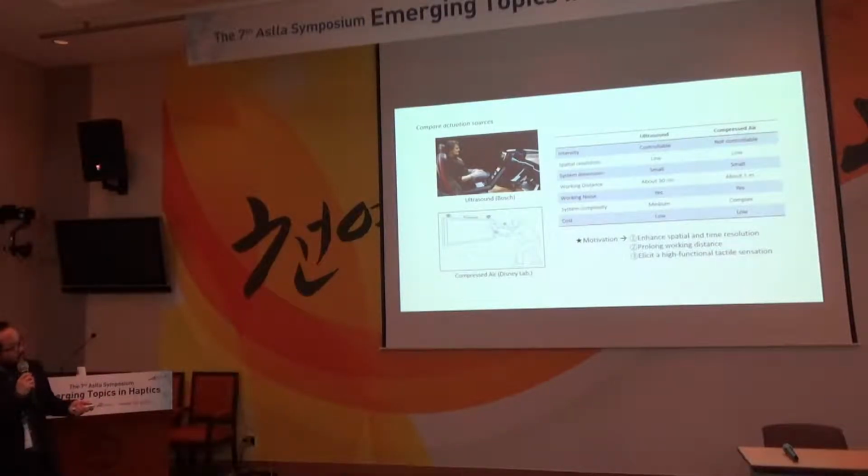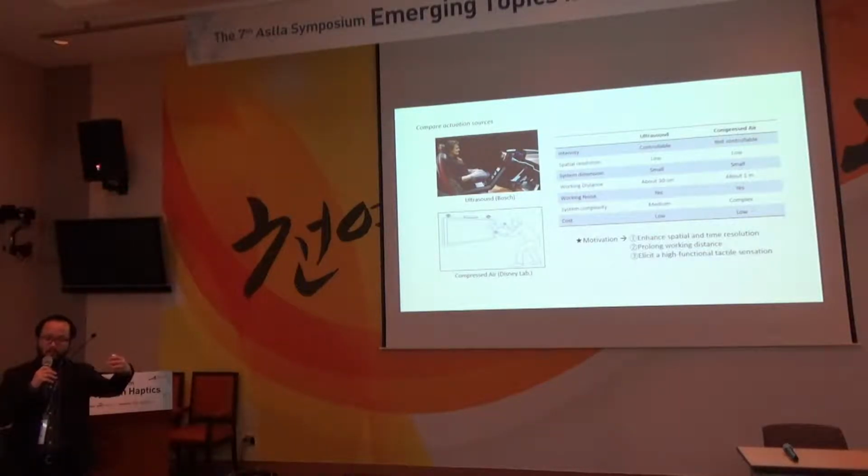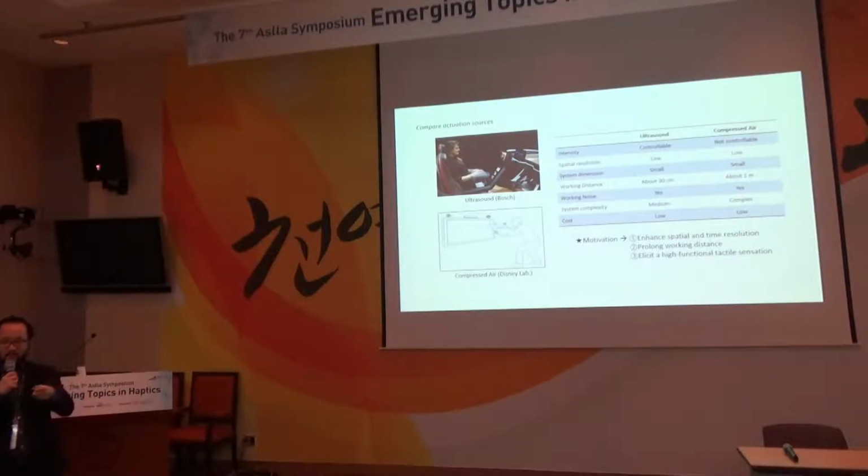So our research team has three motivations. First is enhanced spatial and time resolution, and second is prolonged working distance. For some applications one method is enough, but I don't think it's enough in general, because when you are standing in front of the TV to play a game, one meter is very close, and we want to stand farther in front of the TV.